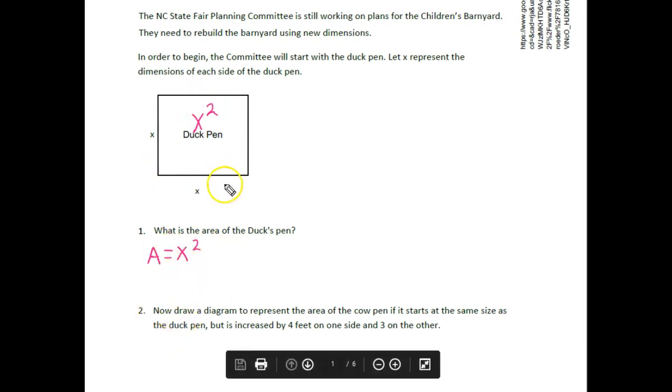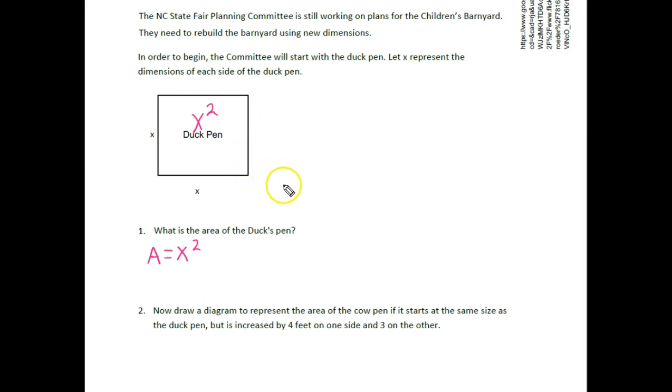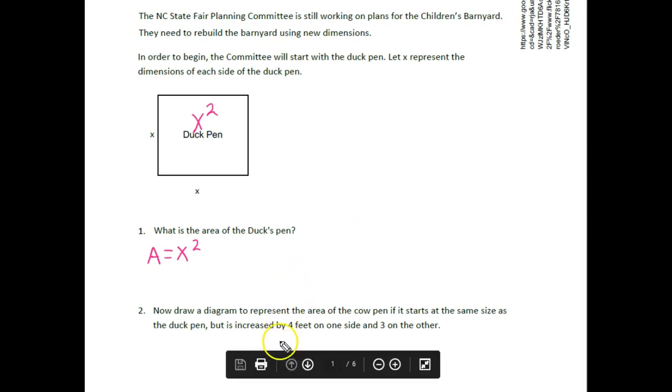We're going to use this information and this original duck pen and its area to answer all of the questions remaining in this lesson. Question 2 says, now let's draw a diagram to represent the area of the cow pen. If it starts as the same size as the duck pen, but is increased by 4 feet on one side and 3 feet on the other side.